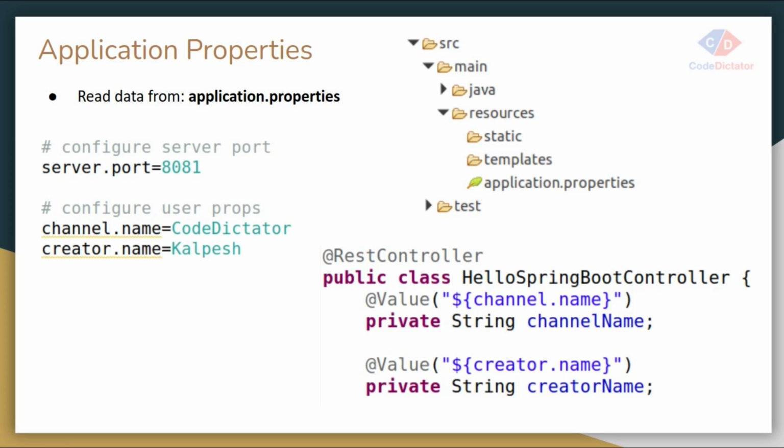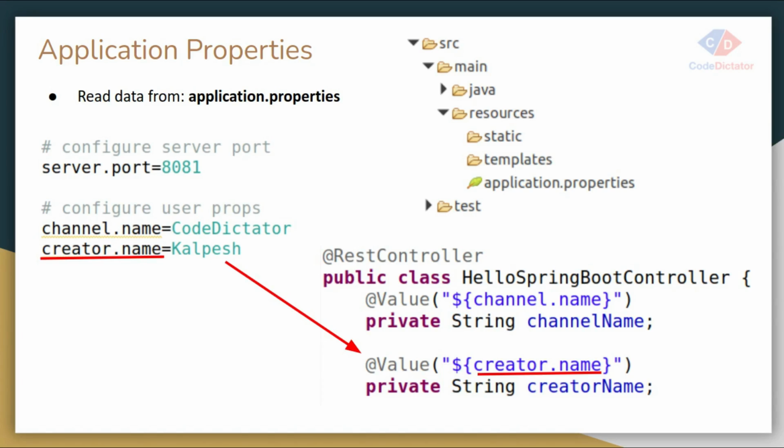So channel.name, and whatever property is bound to it, will come inside channelName. The same way, creator.name will automatically set that property to your creatorName variable. So you can access those variables anywhere, and don't worry, just bear with me, we are going to perform this entire thing practically.